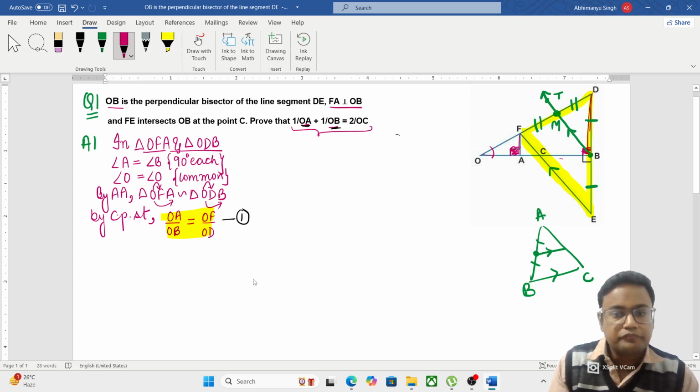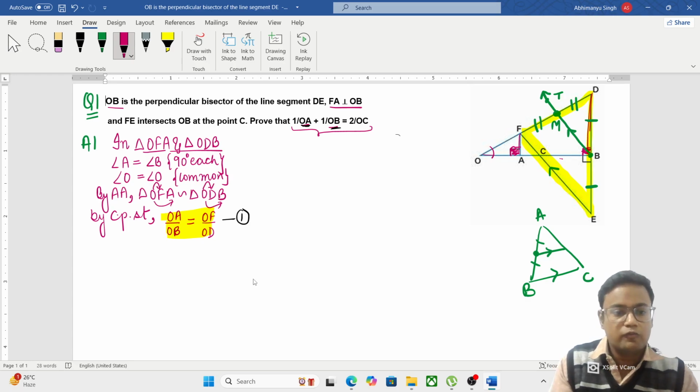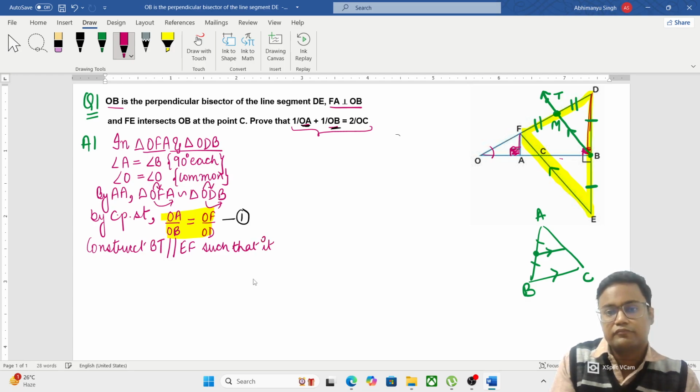See how. So what now we can do is construction. I hope you remembered. So there is nothing to write. If you wish, you can write construct BT parallel to EF such that it intersects FD, or you might write OD.